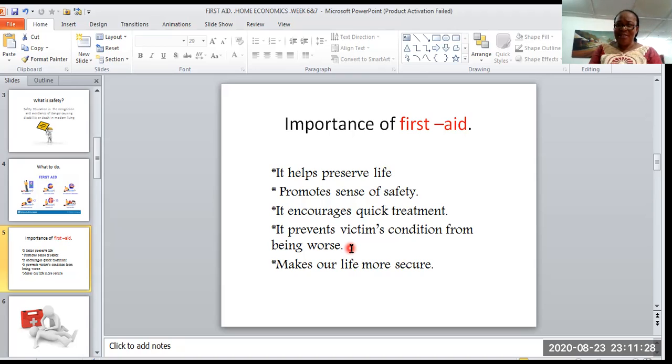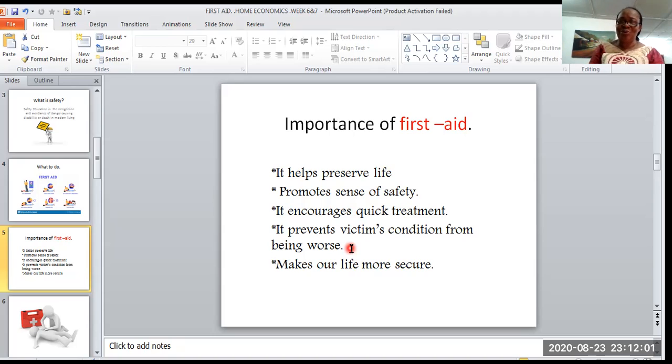So first aid will prevent the condition from worsening. A convulsing person needs help to breathe. The first thing the first aider does is to help the person to breathe better, to stabilize their breath.